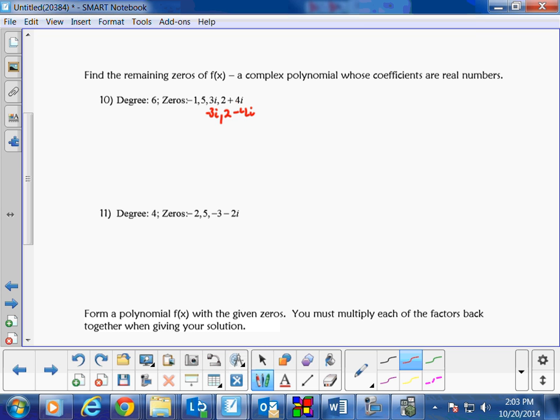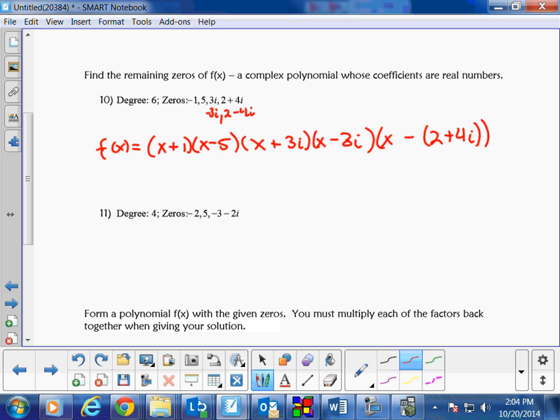Currently right now, we have a polynomial whose coefficients are not real numbers. If I wrote it down, I'll get x plus 1, x minus 5, x plus 3i, x minus 3i, x minus 2 plus 4i, and x minus 2 minus 4i.